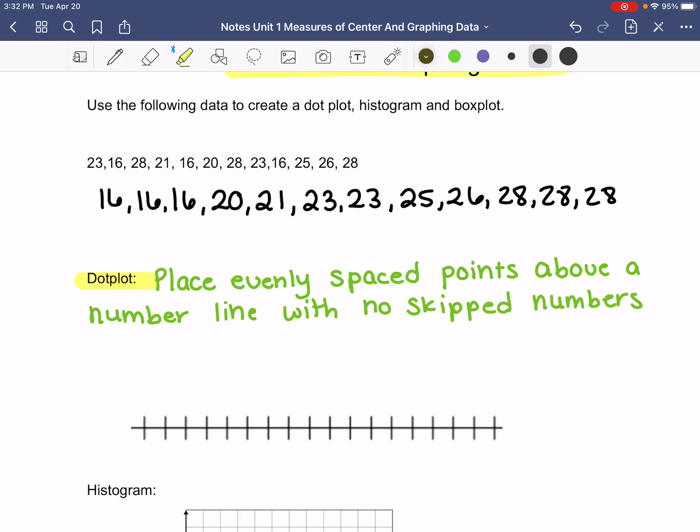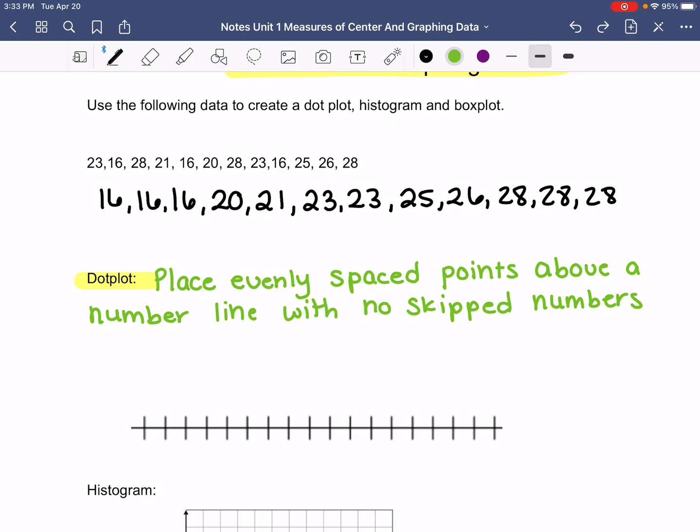Those are the two mistakes that can easily be made. Not being evenly spaced: if you did three dots this way and then the next one you did three dots that way, it will mess up your graph. And if you skip numbers down here, it will also mess up your graph.